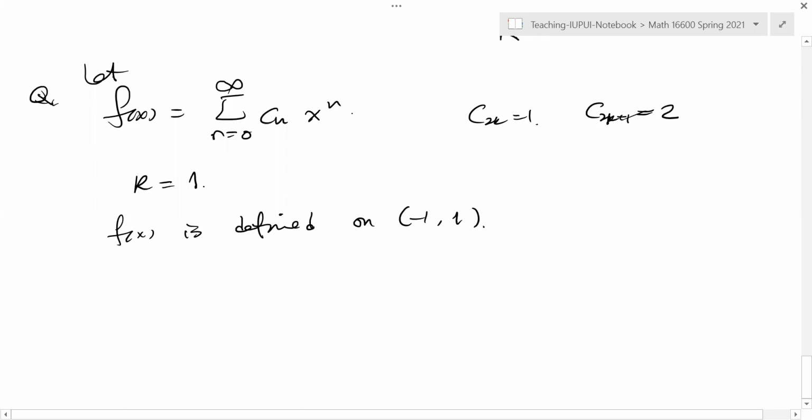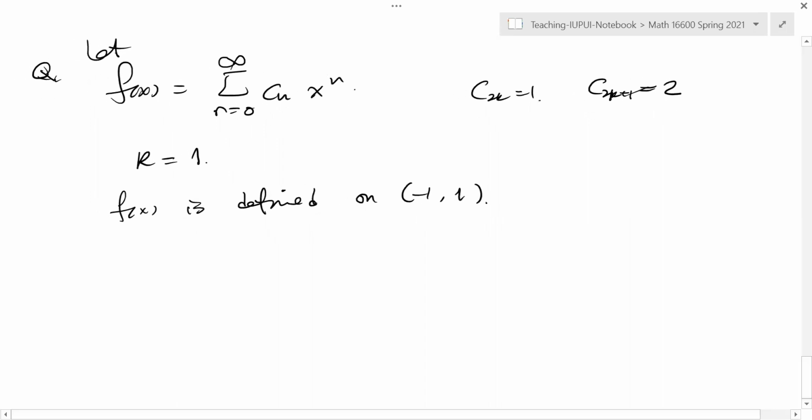Now, in some cases, if the series is convergent at one of the endpoints, this function can be defined at the endpoints. For this particular series, it's convergent only on this open interval, so it's defined as a function. According to our theorem, f prime of x is differentiable, and I can have the sum of n Cn x to the n minus 1.